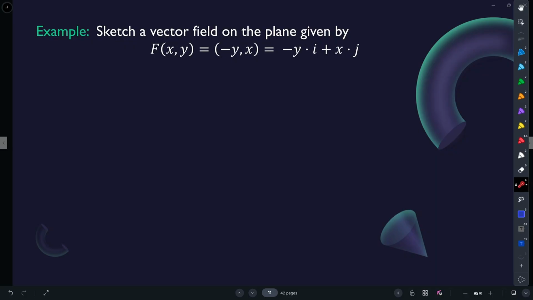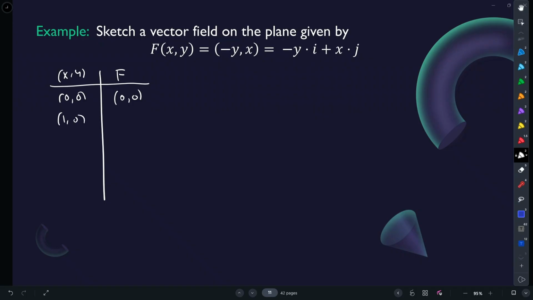So what happens in this other vector field? Let me, again, give some values. At 0, 0, nothing happens. At 0, 1, it goes to minus 1, comma 0.